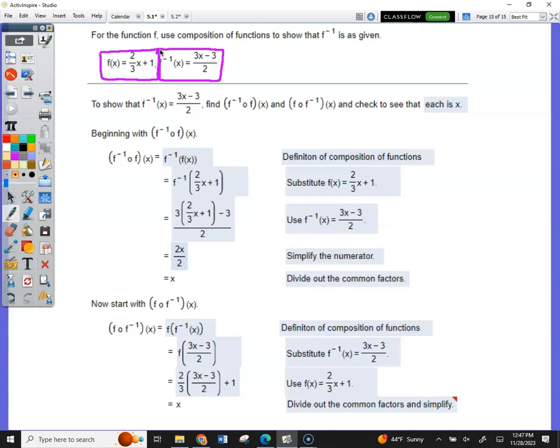This would be that composition that we did yesterday. You have to do it both directions. If you look at the formatting, for instance, if you're checking this one first, then you would be doing f inverse of the function f, and then they're asking how does that look when plugged in, and then how does it look when cleaned up.